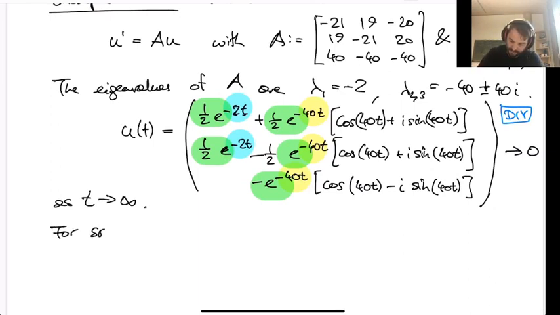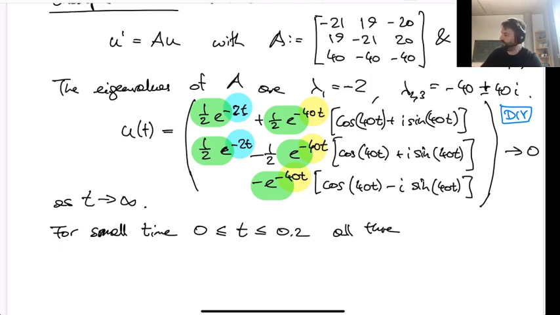So for small time, 0 less than or equal to t less than or equal to 0.2, because 40 times 0.2 is 8, so e to the minus 8 is 3 times 10 to the minus 4.